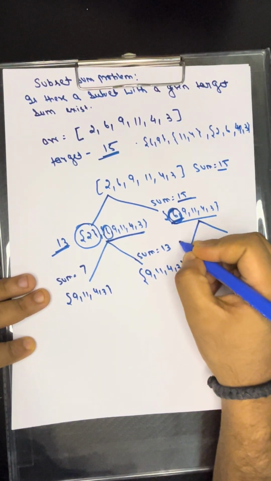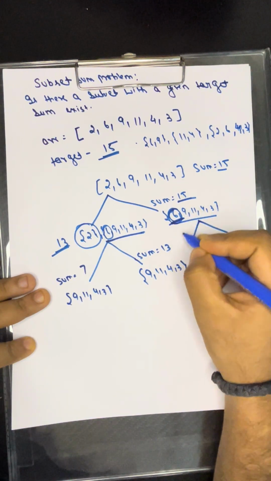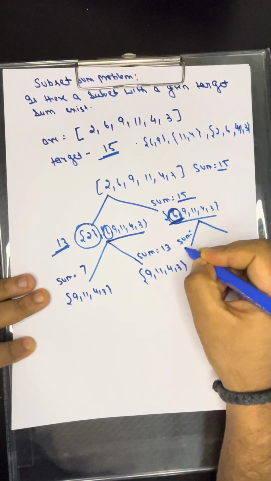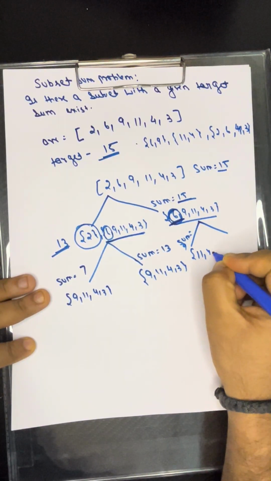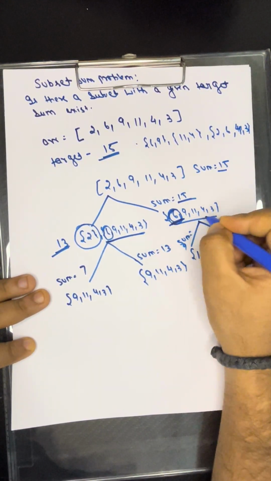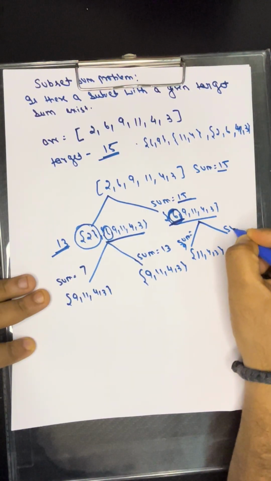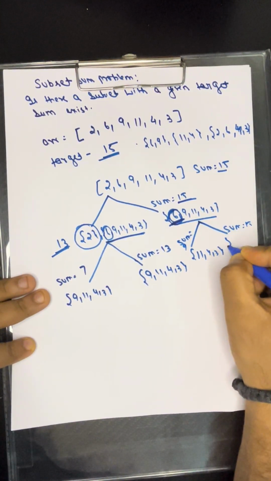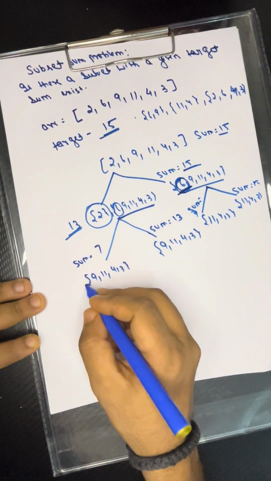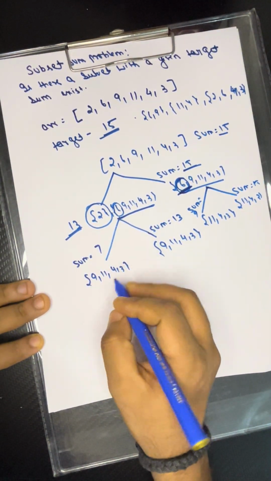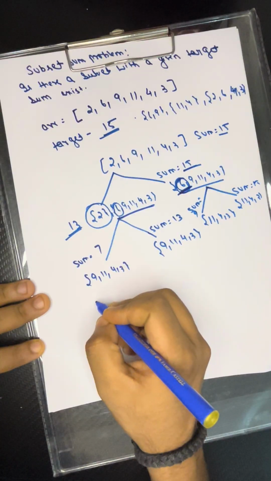Same here, we can choose 6 and we can reject 6 also. If we choose 6, then the sum we have to find is 9 and the elements left are 11 4 3, and if we reject 6, then the sum we have to find is 15 and the elements left are 11 4 3. Similarly here also we can do the same thing.